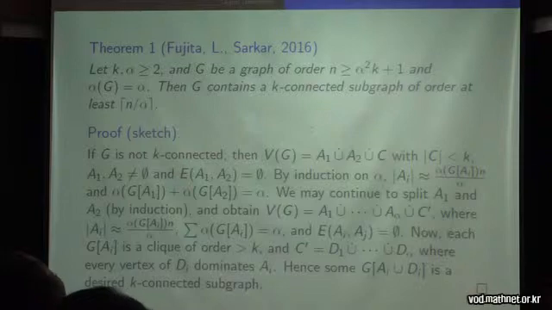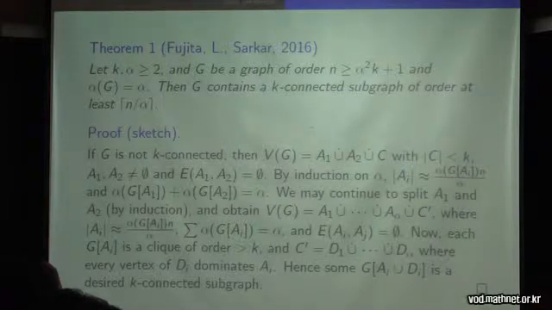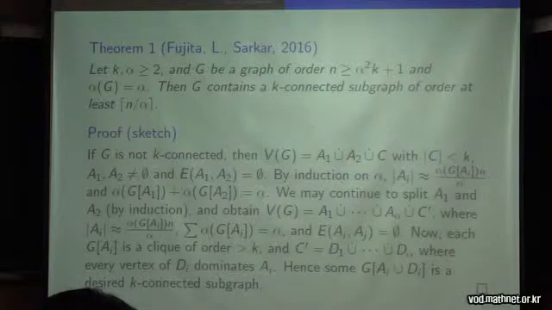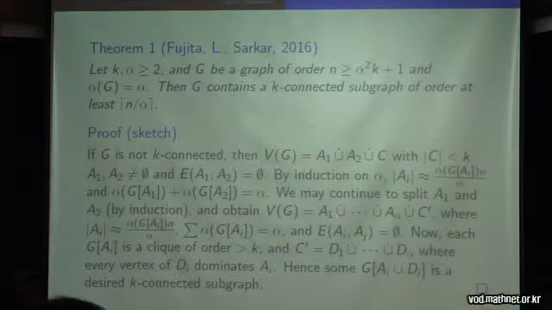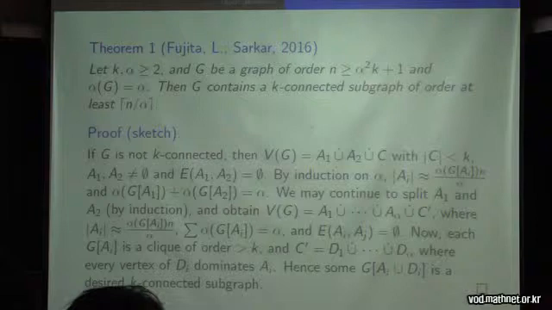Otherwise, we have alpha plus 1 independent vertices. Right, so let's say it dominates A1, and then it follows that, in fact, we can find a partition of C prime, say D1 up to D alpha, as I have right there, where for each DI, every vertex of DI dominates AI.